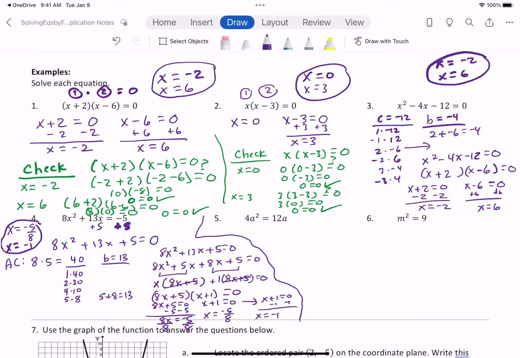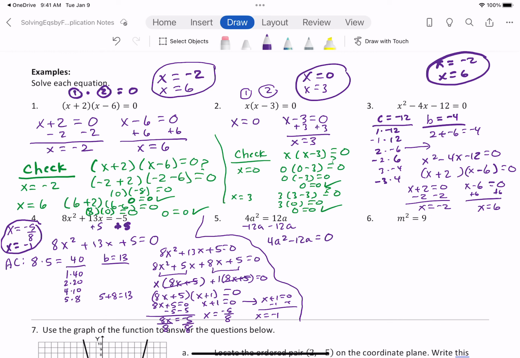All right, for number 5, again, the first thing is it's not equal to 0, and that is something that has to happen. So we're going to manipulate the equation first by subtracting the 12a so that we're equal to 0. So I don't have a trinomial this time.